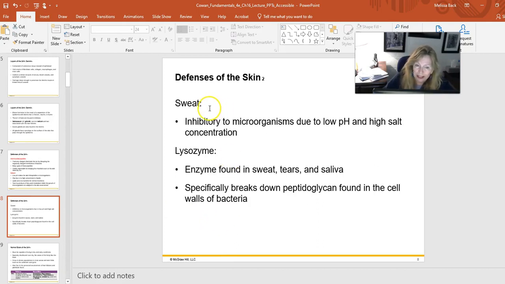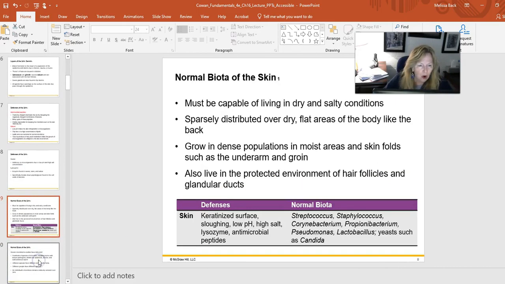Sweat is also highly salty, so that salt concentration can discourage microbial growth. We also produce digestive enzymes called lysozymes that help to break down the cell walls of certain bacteria. All of these things make our skin an important protective mechanism that we're born with.